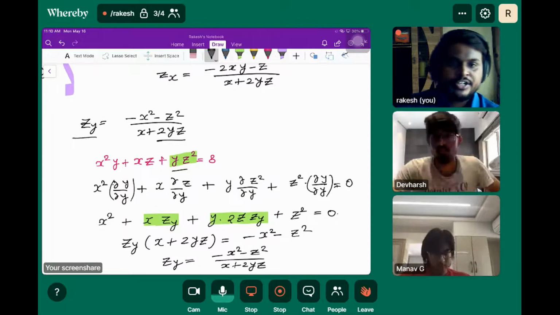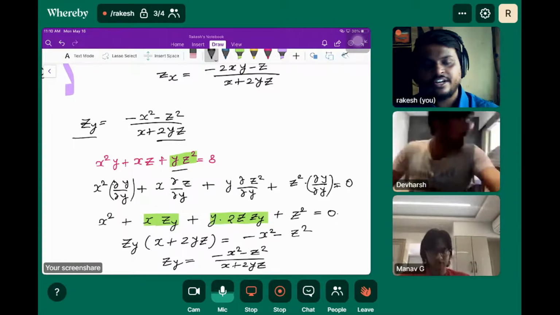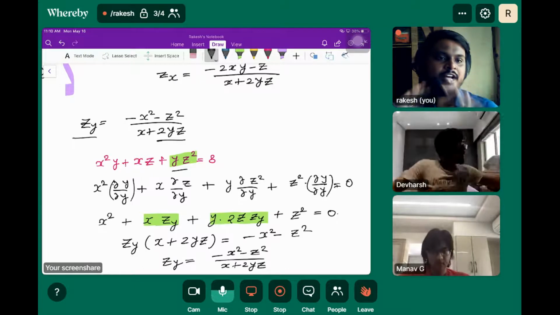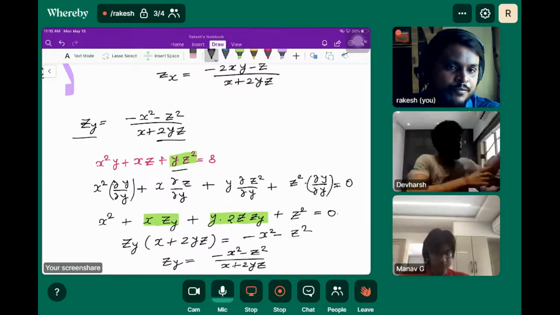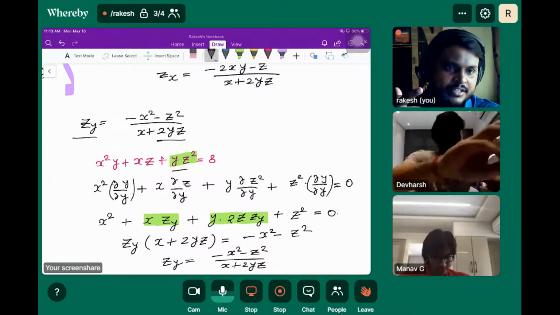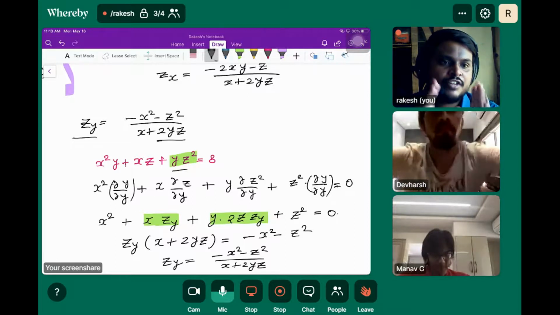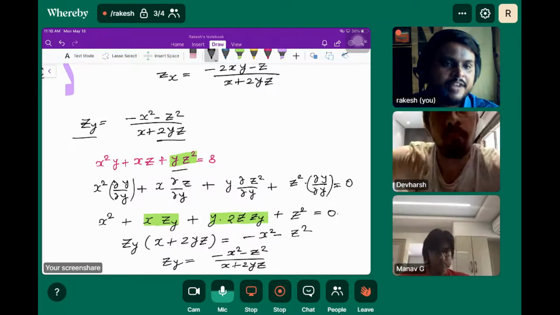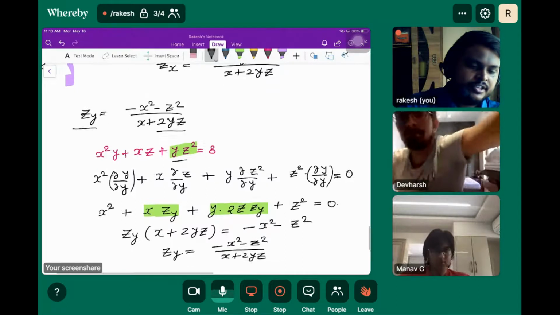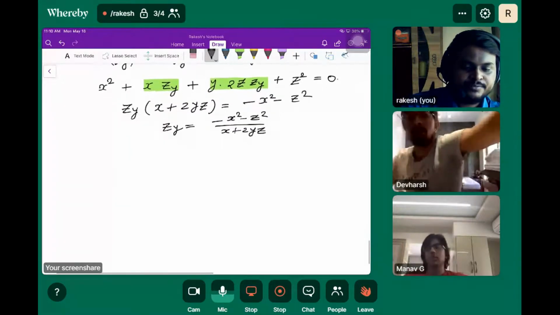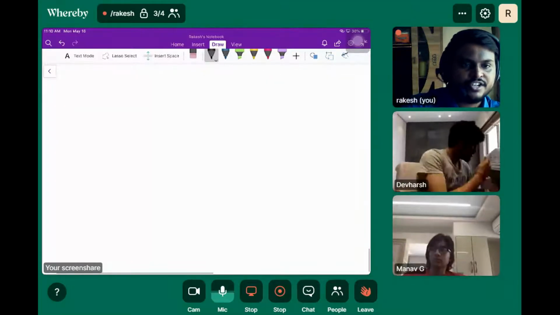Okay, now let's move to the higher order derivative. So far we have done first order derivative, right? We found the first order derivative. Now we have the higher order derivative of this multivariable function.